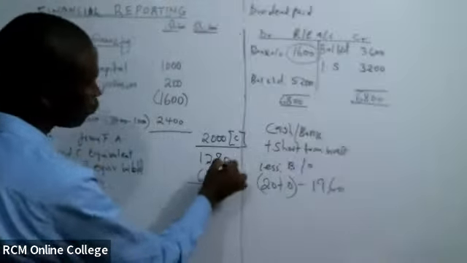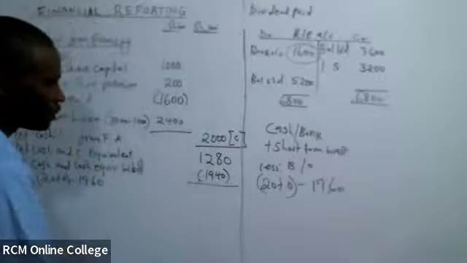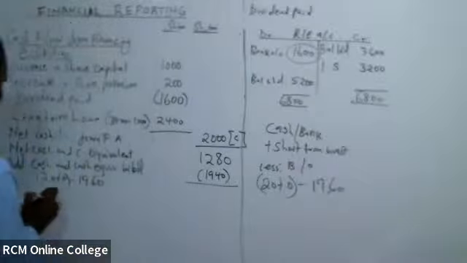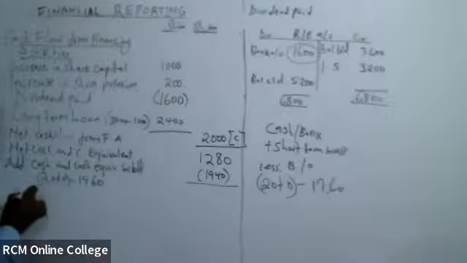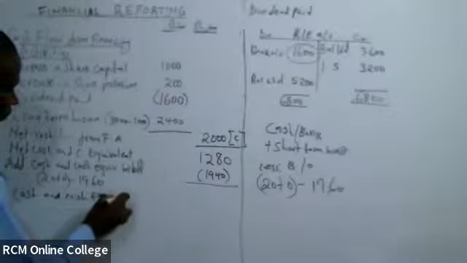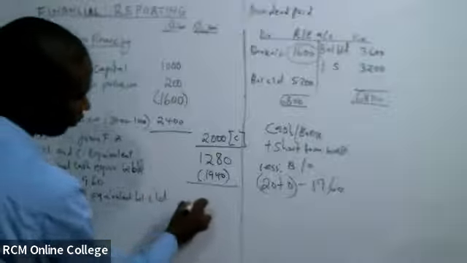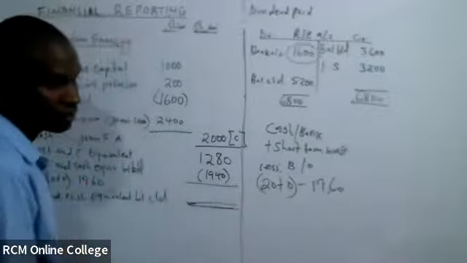And then you less. So 1280 minus 1940. That will give you cash and cash equivalent, the balance carried down, whatever they closed with.